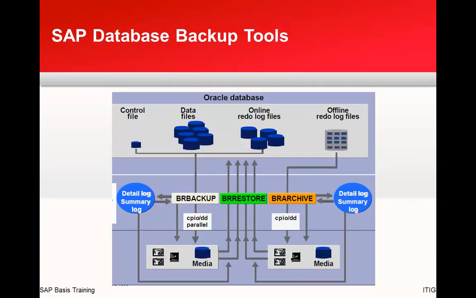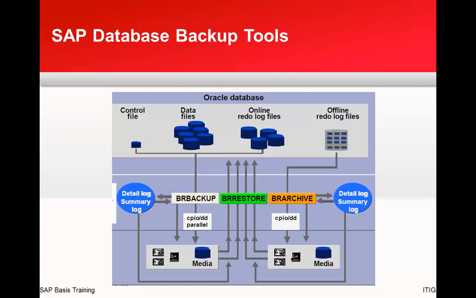Now let's get into the tools for backup. What are the things it should be backing up? In this diagram you see control files, data files, online redo log files, and offline redo log files.